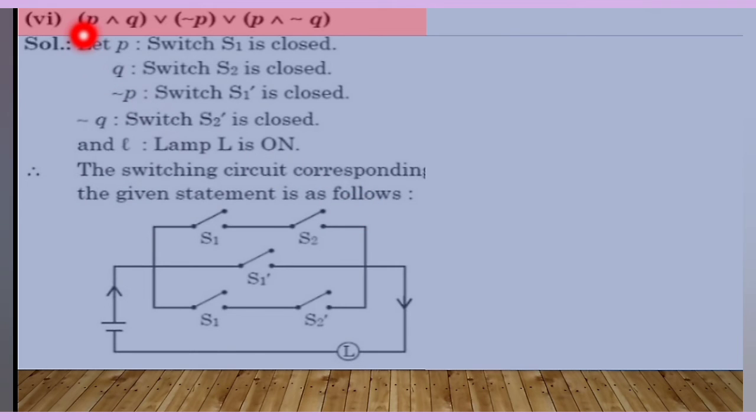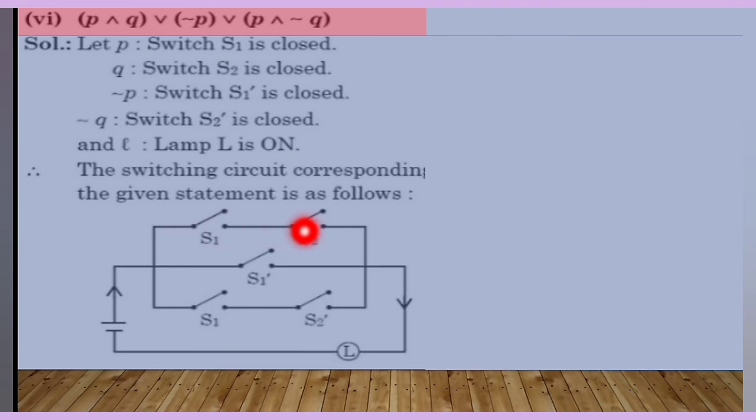Start from the P statement, meaning S1, S2. OR means parallel with negation P, meaning S1 dash. OR means parallel with S1 and negation S2. Negation Q means S2 dash, remember, and this is S1 dash.